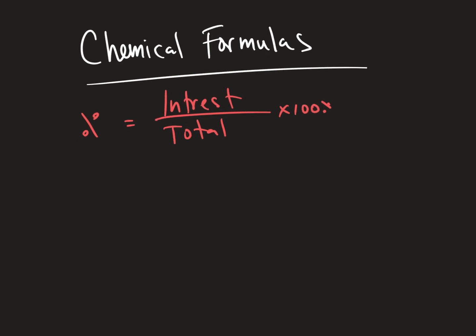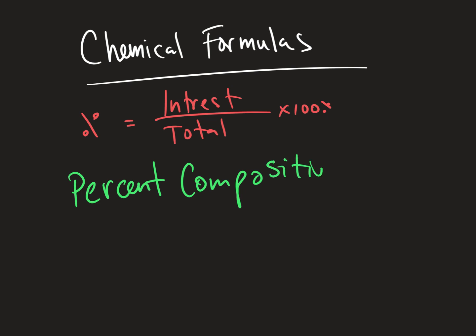The percentage we're going to do today is called percent composition. Who can tell me what composition means? What the things are made of? That's it. What it's made of, what it's composed of, right? And we know percent, this is our percentage, right? Okay.